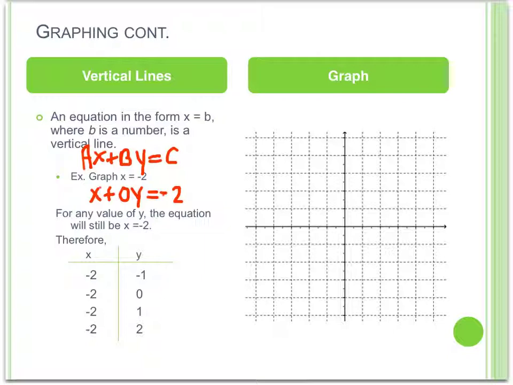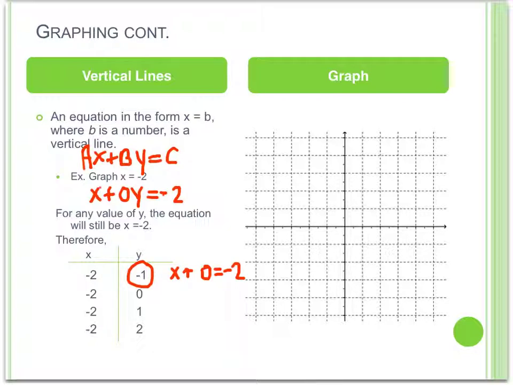Again, like we did for the horizontal lines, if we plug in any value for y, the equation will still be x equals negative 2. So let's plug in negative 1 for y. We're left with x plus 0 equals negative 2, or x equals negative 2.